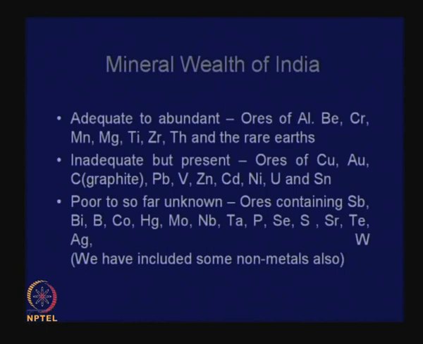Inadequate but present are ores of copper, gold, graphite, it is not a metal, but I have included it here, lead, vanadium, zinc, cadmium, nickel, uranium, tin. Poor to not so far known are ores of antimony, bismuth, boron, cobalt, mercury, molybdenum, niobium, tantalum, etc., etc. Here we have included some non-ferrous, non-metals also.